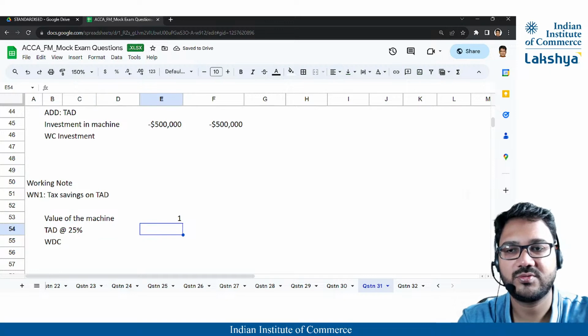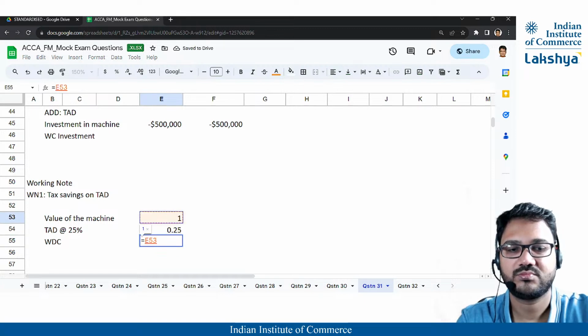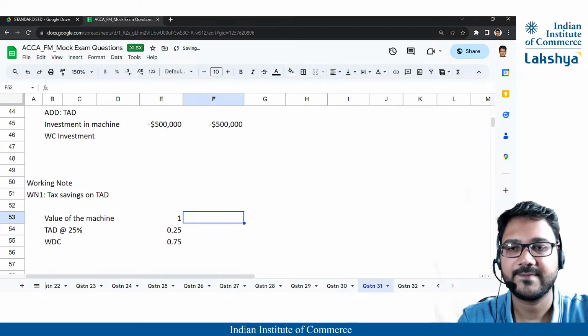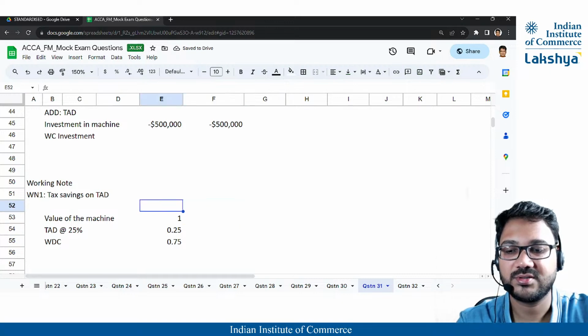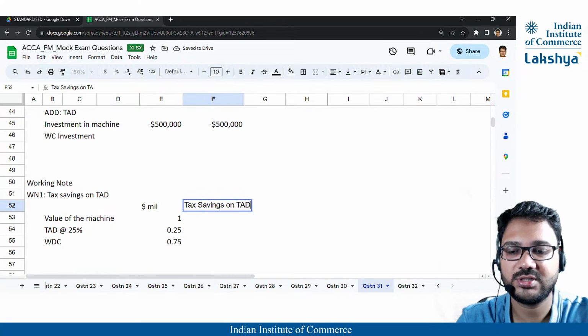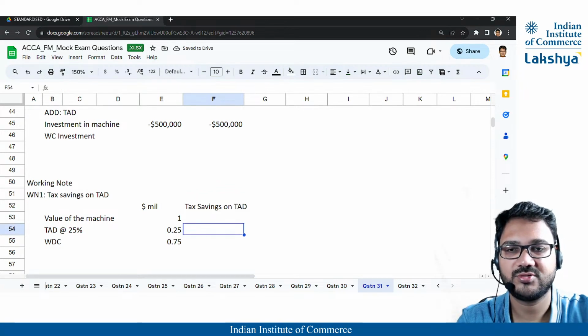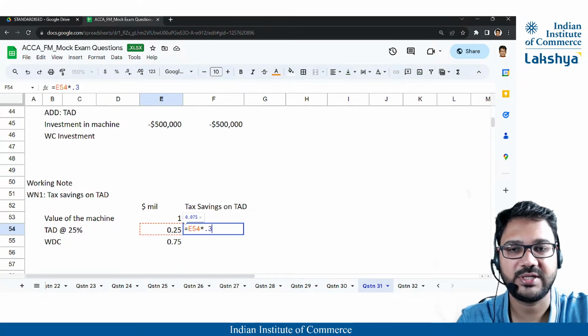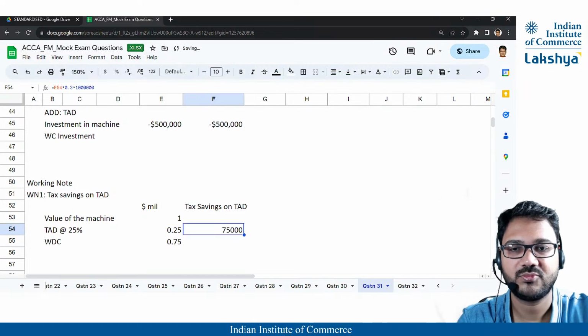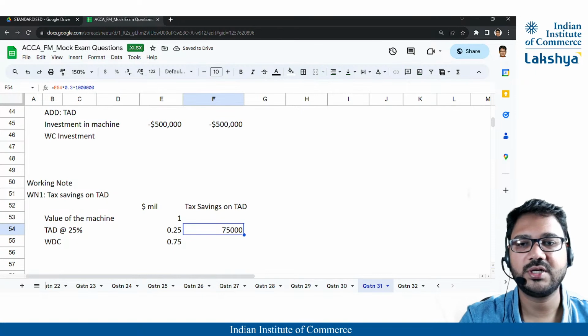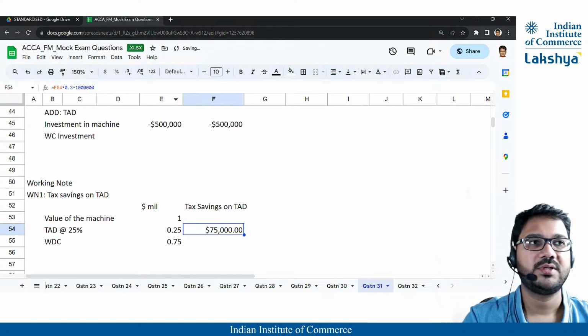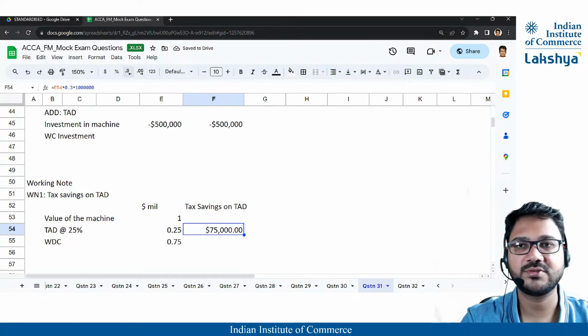Okay, so tax savings, this is $1 million. Tax savings on TAD. Okay, so on this we are saving 30% tax, then make it in a million form. All right, so we are saving $75,000.